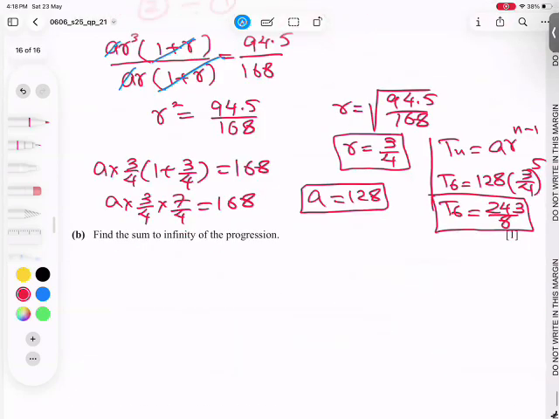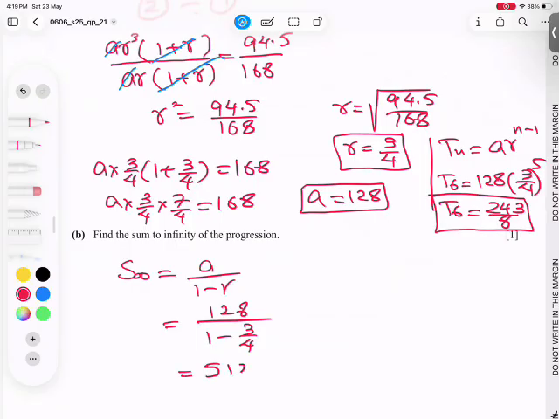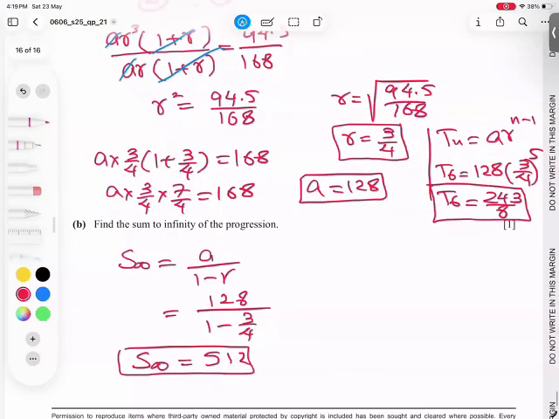So sum to infinity. What is the formula of sum to infinity, students? Not hard at all. Easy: A over 1 minus R. A is 128 and R is 3/4. So 1 minus 3/4 becomes 1/4, and the answer is 512. And the paper is completely done.